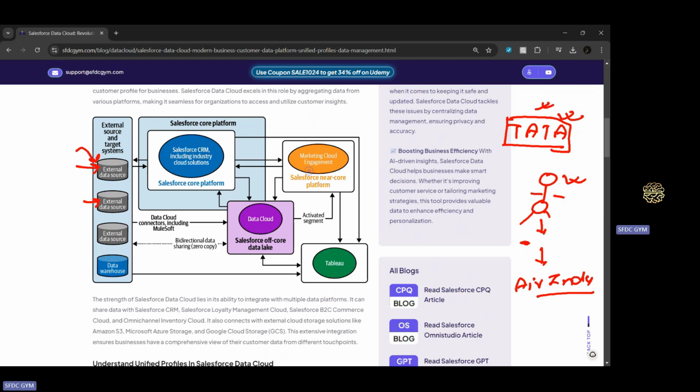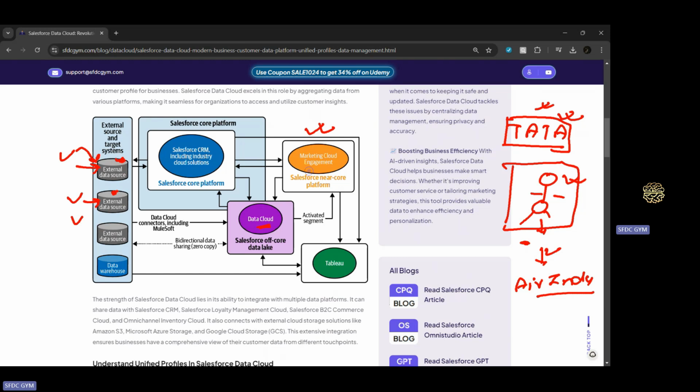Now, let's say you are the Data Cloud architect who works in Tata, and your responsibility is, whatever information is coming from all those external sources for this customer, based on the purchase history, you need to predict some more services which Tata is providing. For example, since this customer purchased jewelry, which is stored in this database, and this customer purchased an air ticket, which is stored in this data source, you know what is the purchasing capability of this customer and from where this customer is flying.